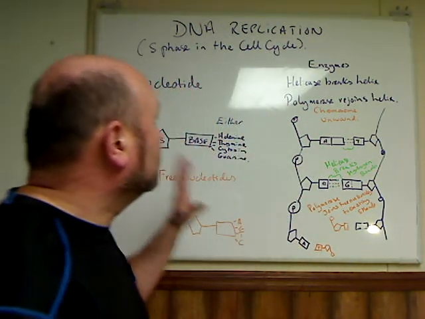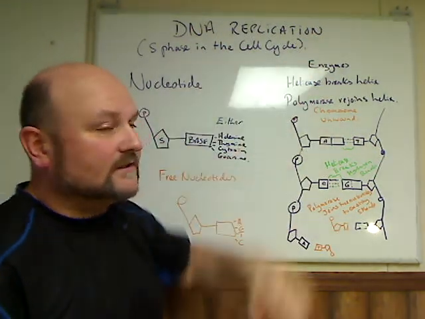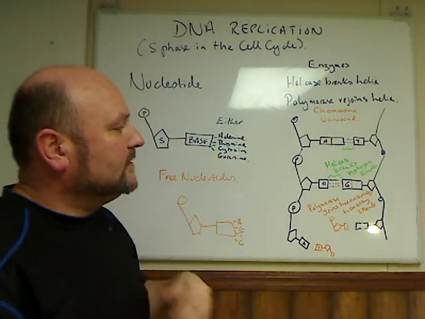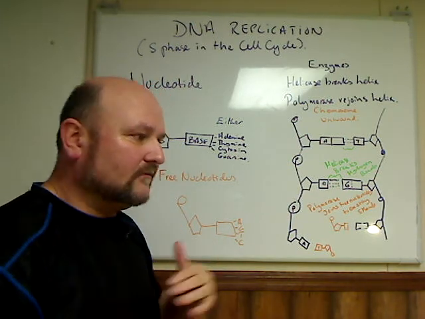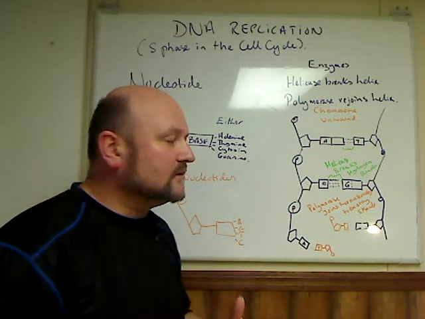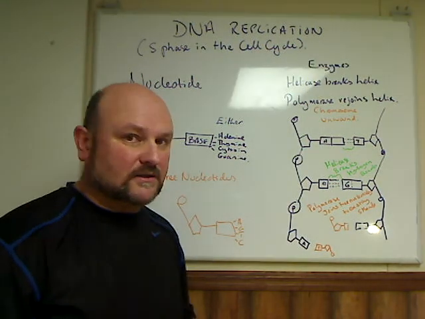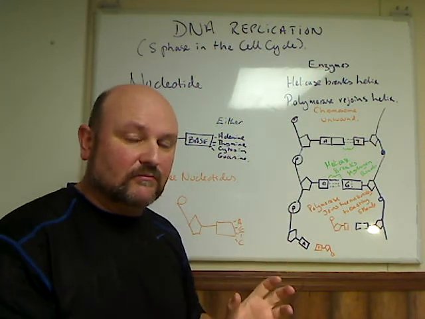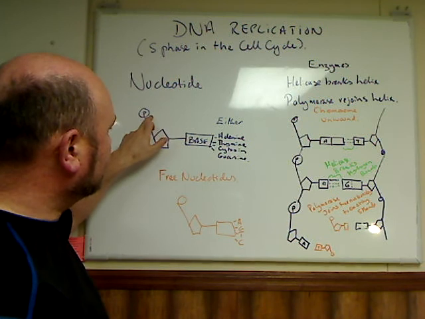Okay, so on the board here I've got DNA replication, S phase in the cell cycle, to remind us where we are in the cell cycle. And if you can think back to week 3 when we talked about macromolecules, the last of the 4 was the nucleotides. And a nucleotide is made up of 3 parts. The phosphate molecule, which is a phosphate surrounded or bonded to oxygens with lots of negative charge.